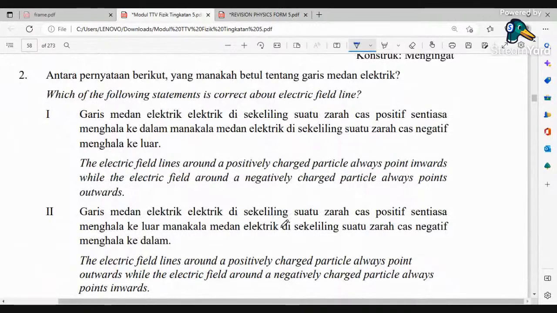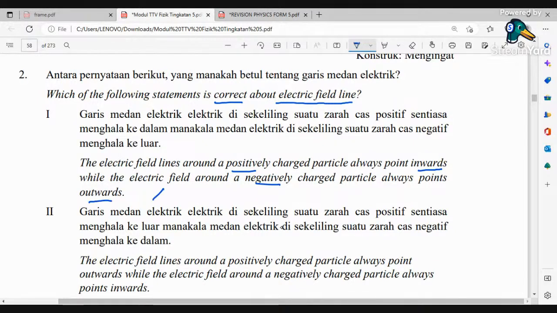Number 2. Which of the following statements is correct about electric field lines? Look at part 1. Electric field lines around a positive charged particle always point inward. Positive, outwards; negative, inward.